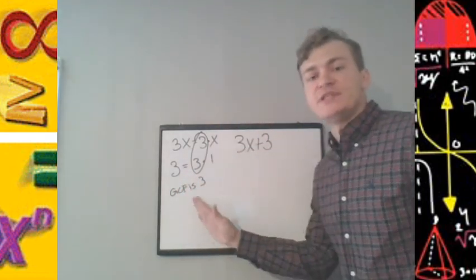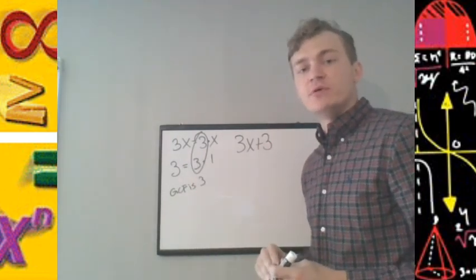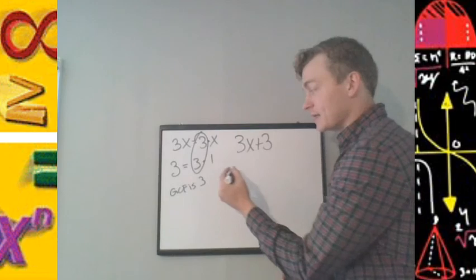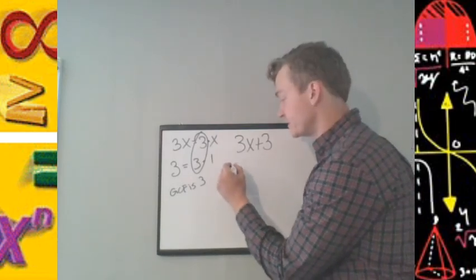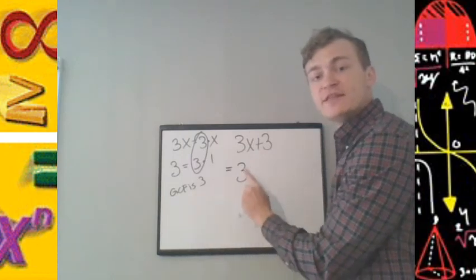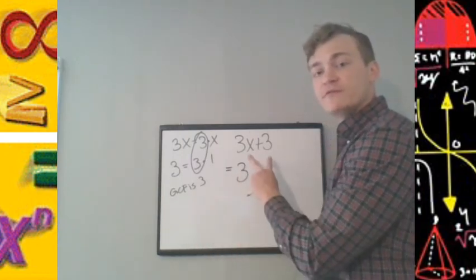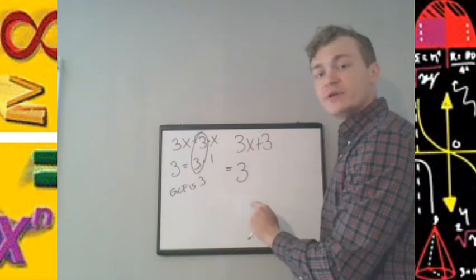So how do we use this GCF to factor out of our polynomial? Well, we start by listing our GCF first. So here we will list the factor of 3 because that's our greatest common factor for our two terms.